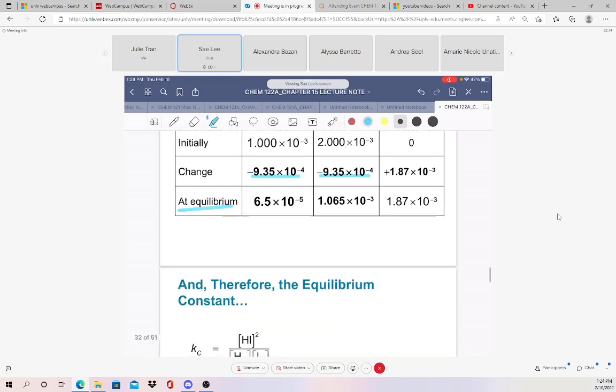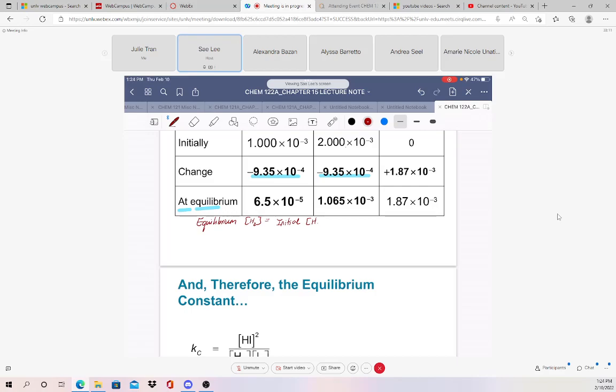The equilibrium concentration is basically the initial concentration. Say we want to find the equilibrium concentration of hydrogen.